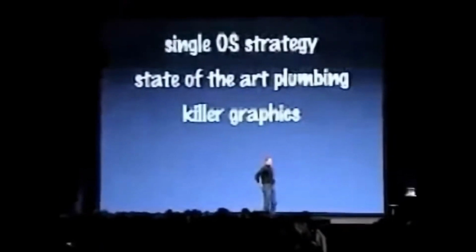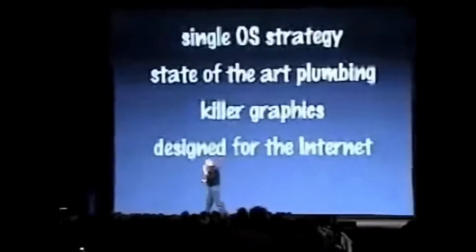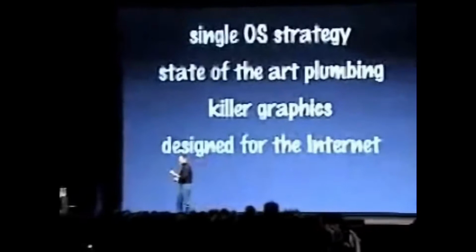Third, we need killer graphics. Almost every app depends on graphics, whether it's design and publishing apps for our pro customers down to things that we use every day. We need killer graphics in this system. And we need to design it for the internet from the start. We need to design it in a way that most users who are always plugged into the internet get full benefits.